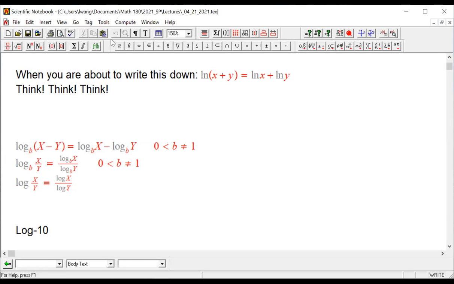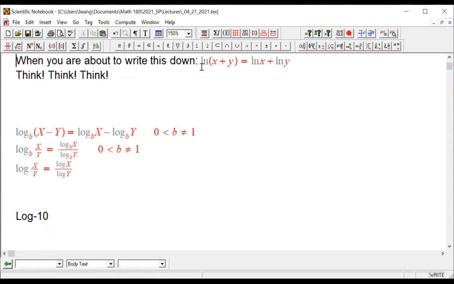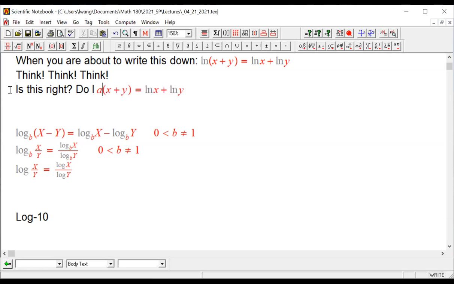You can analyze it for yourself. When anybody is about to write this down, think: is this right? Do I have a counterexample?